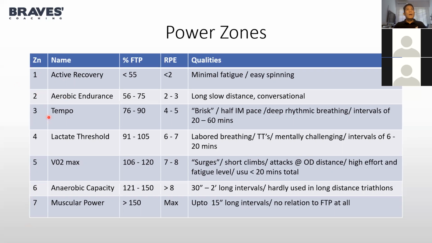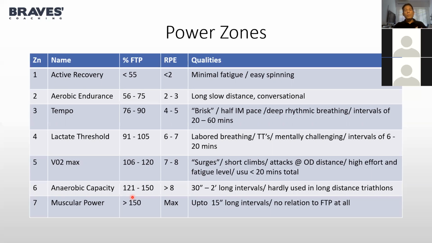The zones are similar to heart rate zones that people previously talked about. This is just how to grade the intensity level. So active recovery is below 55%, aerobic endurance 56 to 75, and so on and so forth. It's all here in lots of charts. I don't really have to go into this.